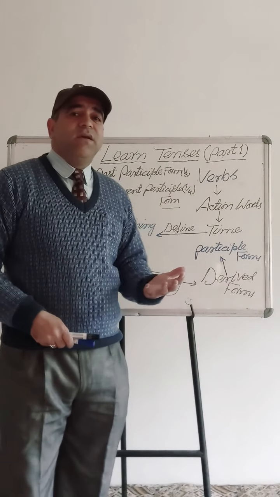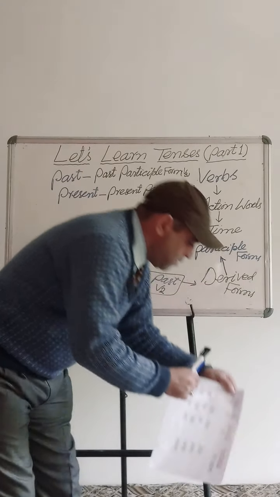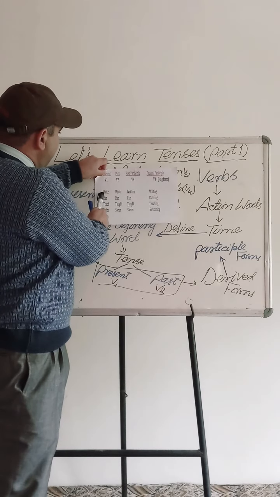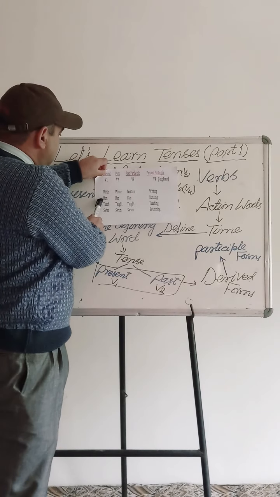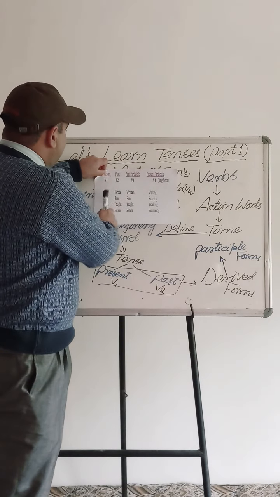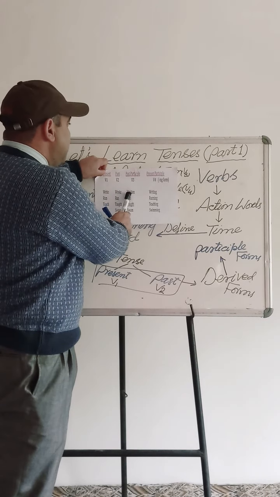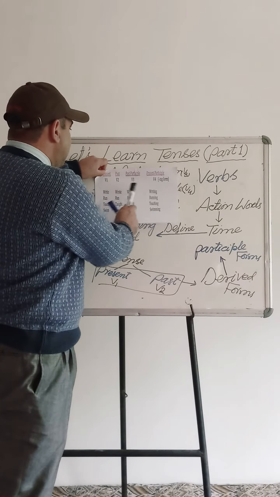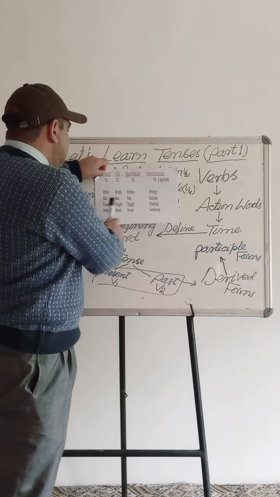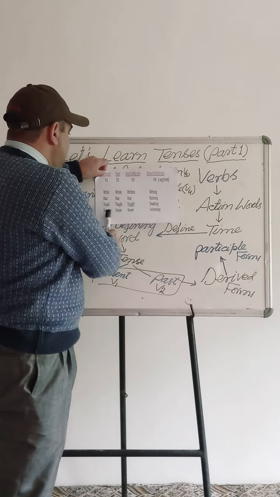Let's conjugate some verbs. I have conjugated here four verbs: write, run, teach, swim. The V2 form of write is wrote, V3 is written, V4 is writing. Run, ran, run, running. Teach, taught, taught, teaching.